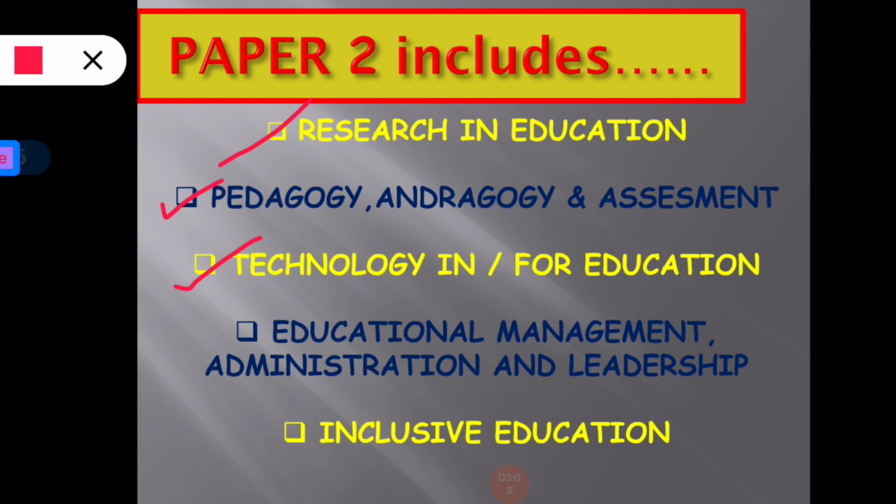So now move on to the ninth unit, that is educational management, administration and leadership. From the name we all know this is basically related to the management, administration and leadership side, and it discusses different types of leadership models, administration models, and management models also.